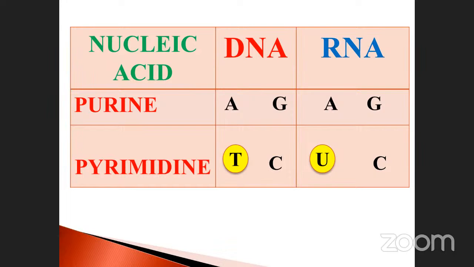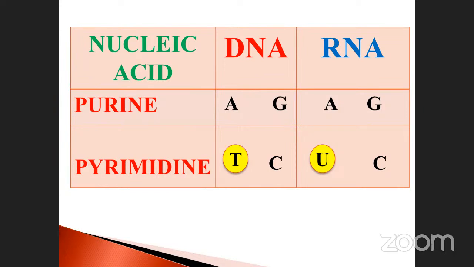In the translation process, how many amino acids are present in your body? Any one of you, my dears? Sir, 20, sir. Exactly, very good, correct. But the 20 amino acids exist in how many codons?